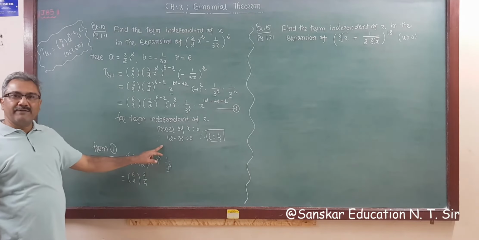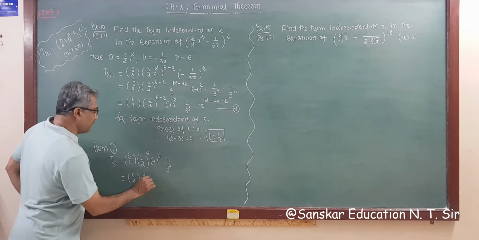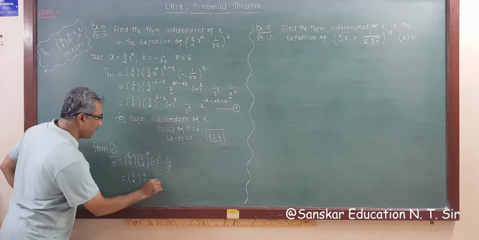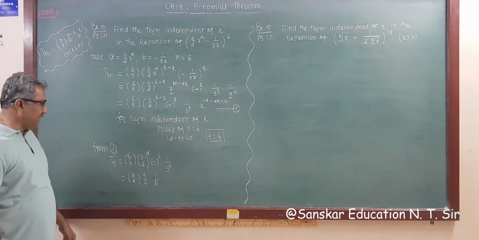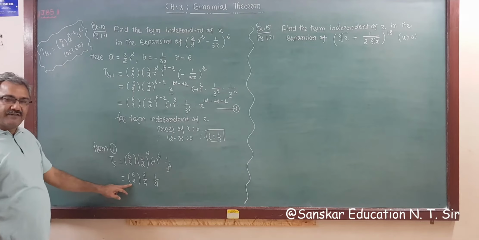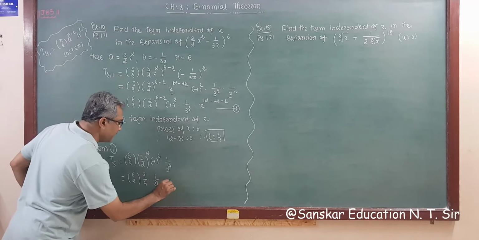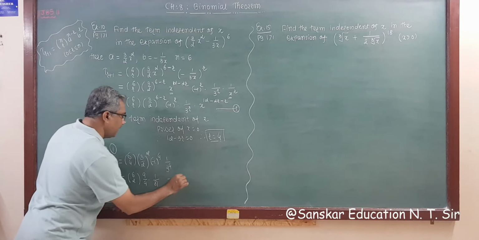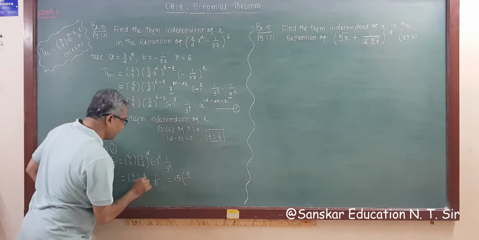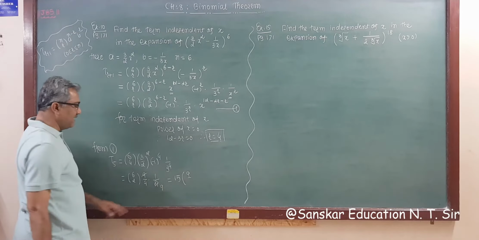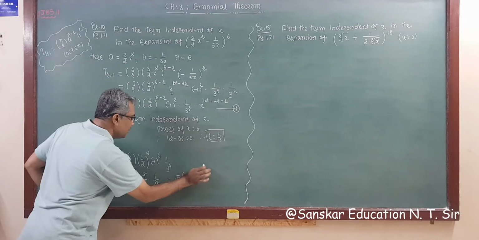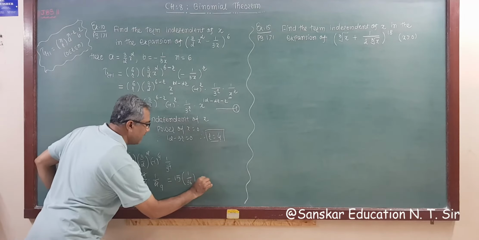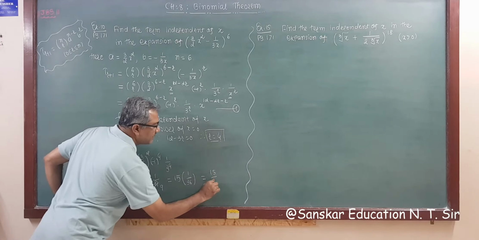Minus 1 raised to an even power is plus, and 1/3 raised to 4 is 1/81. Now 6C2 is 15. So we get 15 into 9/4 into 1/81. Here 81 is cut with 9, and 9 into 4 is 36, so we get 1 upon 36. So your answer will be 15 upon 36.